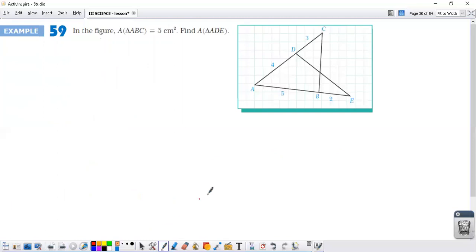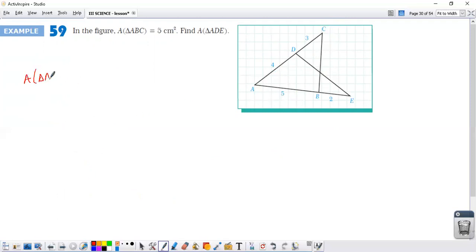Okay. For example 59, a triangle ABC has area 5 centimeters squared, and by using this knowledge, we are going to find the area of triangle ADE. Okay, we're going to figure it out.